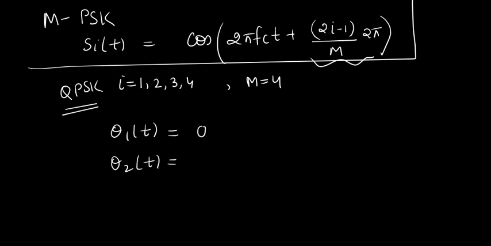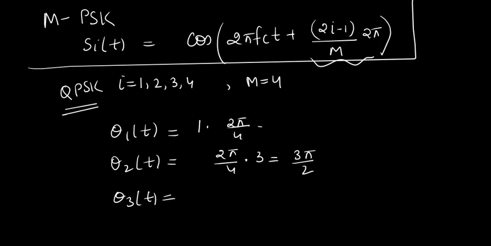So, for QPSK, M will be 4, theta 2 will be 2 pi by 4 into 3, pi by 2 i. I is 1, so 1 into 2 pi by 4, that is pi by 2.